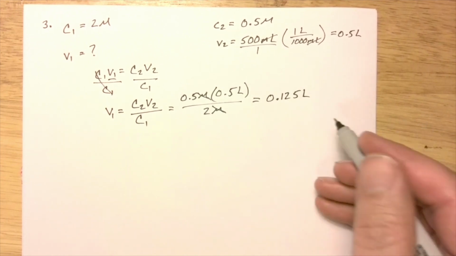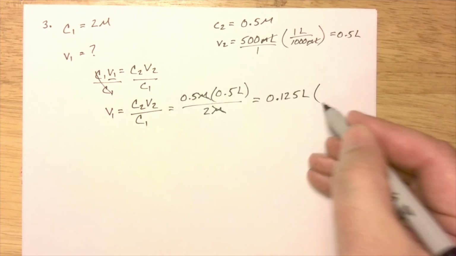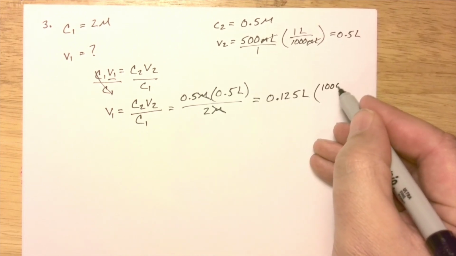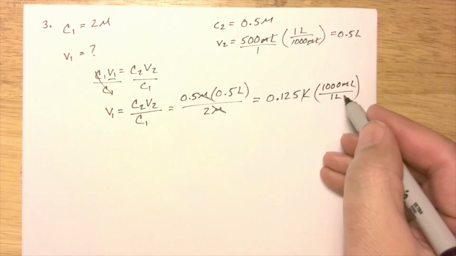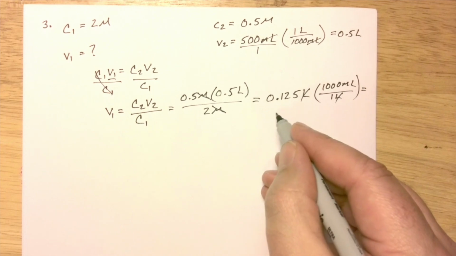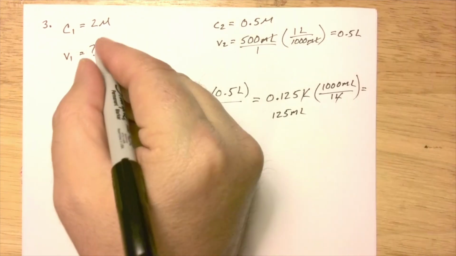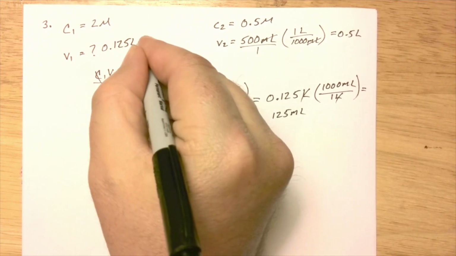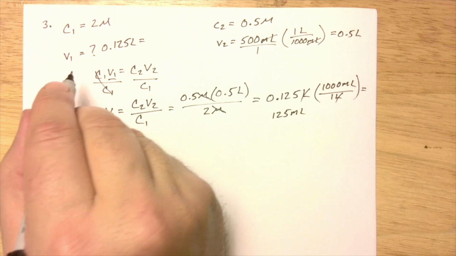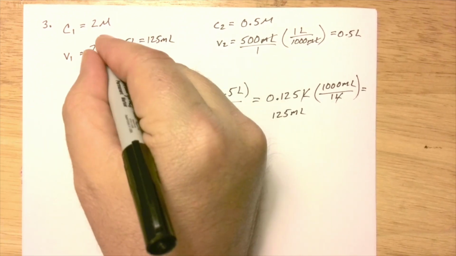Now even though it's not asking for it, let's go ahead and convert that into milliliters. So 1,000 milliliters all over 1 liter. Liters will cancel out. So that's the same thing as 125 milliliters. So the answer is 0.125 liters, which is the same thing as 125 milliliters. So this is your answer here.